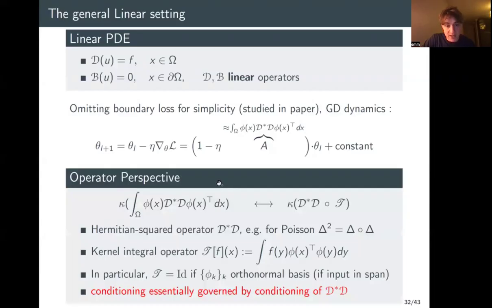It's quite difficult maybe to interpret the eigenvalues of this specific matrix, but we can take an operator perspective.